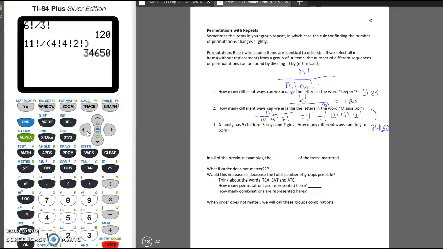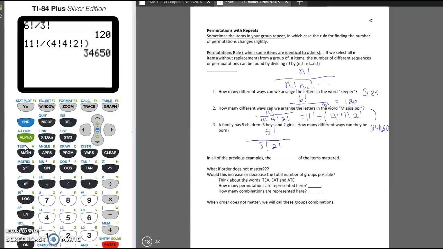Another way we could see this is number 3, which says, a family has 5 children, 3 boys and 2 girls. How many different ways could they be born? Here we mean the boy, girl order. So you could have boy, boy, boy, girl, girl, or you could have boy, girl, boy, girl, boy. Here there's a total of 5 children, and we're repeating boys 3 times and girls 2 times.